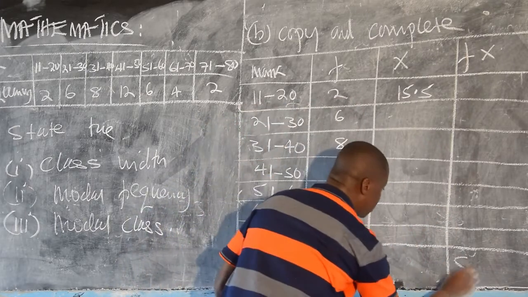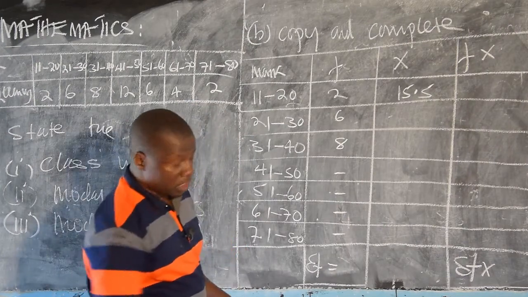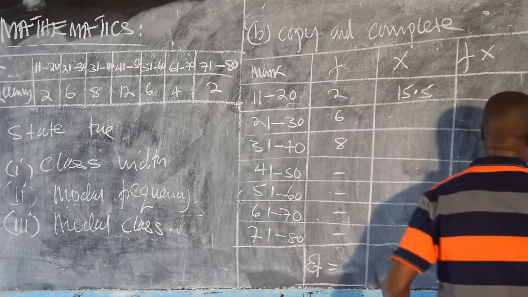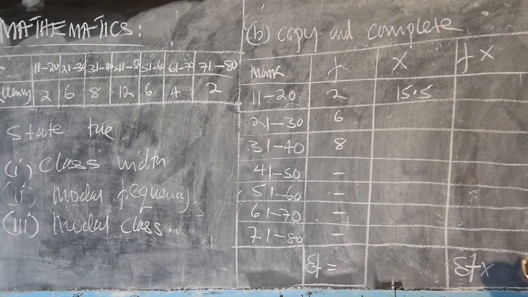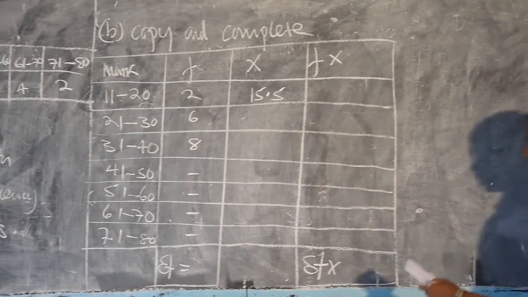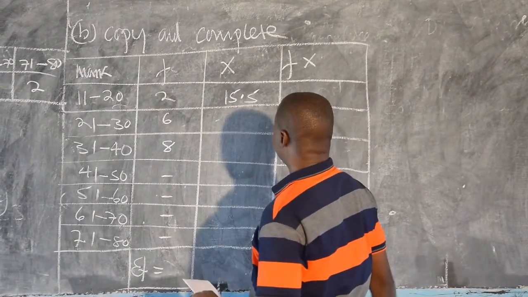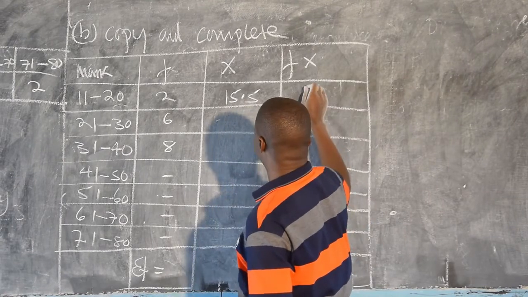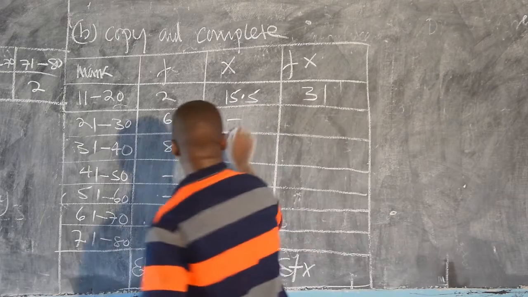Next, this is summation fx. When I multiply this, it will give a total of 31. So fill in this.